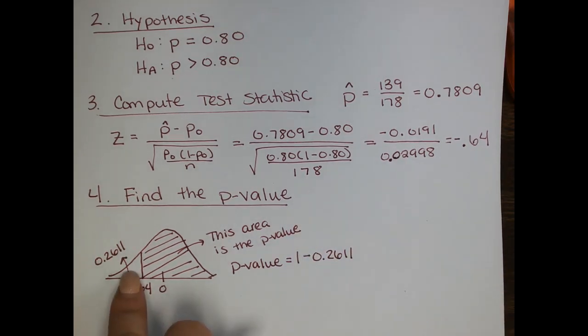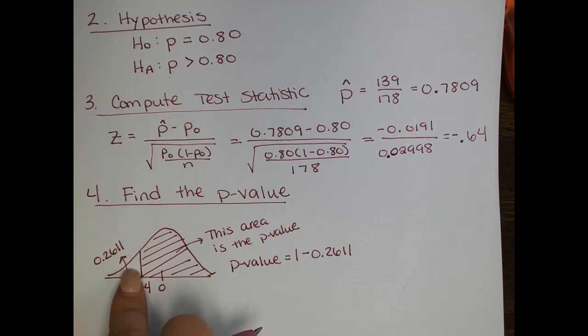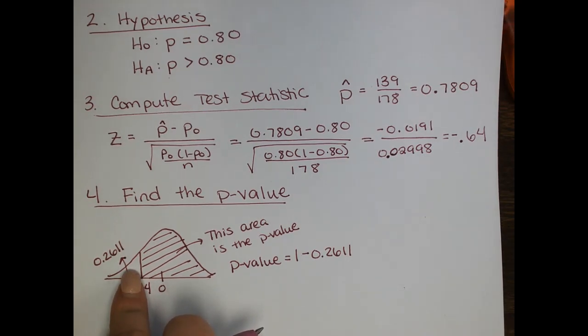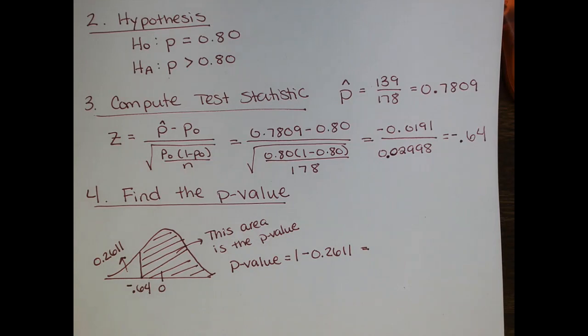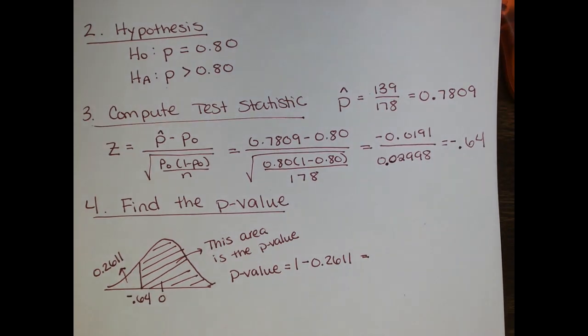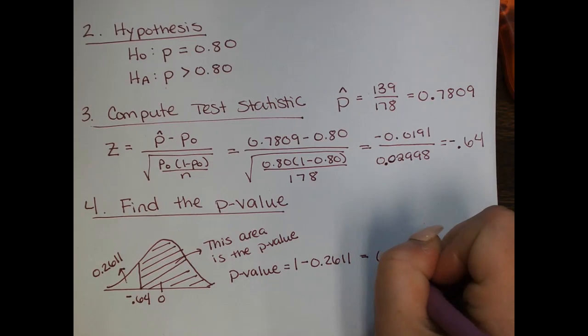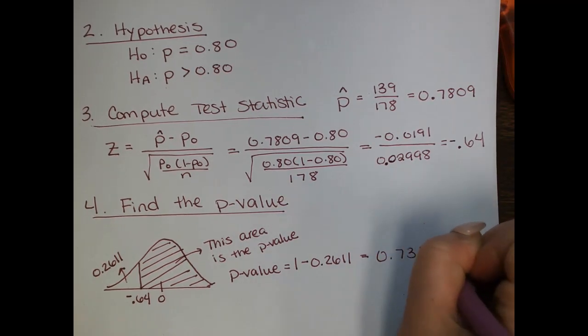So if you're unsure how I found this area, go back and revisit the worksheets and the notes on when we worked with finding the area under normal curves. So our p-value in this case, we'll take the 1 minus 0.2611, and our p-value is equal to 0.7389.